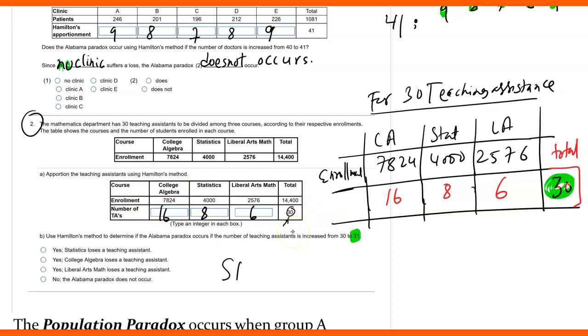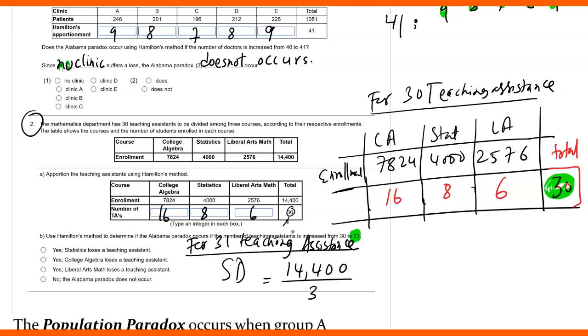Therefore, use the standard divisor for 31 teaching assistants. Again, you have to find the standard divisor, which equals the total population 14,400 divided by 31. Okay, and remember that for 30 teaching assistants use 30 as the number of quota, but for 31 teaching assistants use 31 as the number of quota because the number of quota increases from 30 to 31.